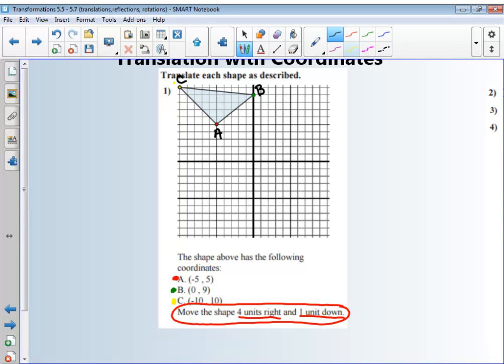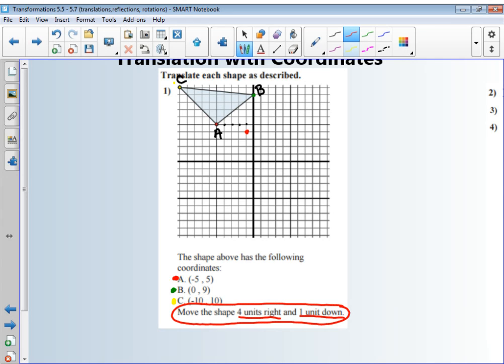So I'll start with my A, my red dot, and go 4 units to the right. If I count 1, 2, 3, 4, and then 1 unit down, it's going to be sitting right here is where my new red dot is. Okay, so now I can continue that exact same counting from each of the points.